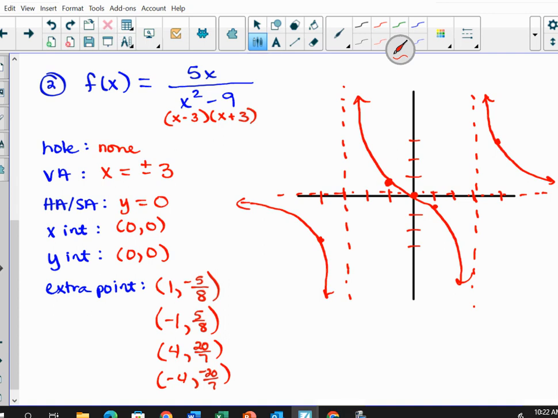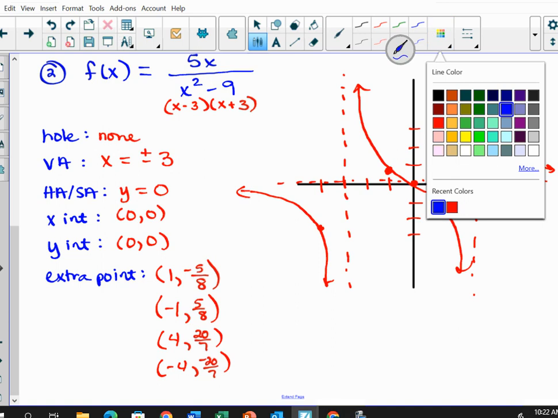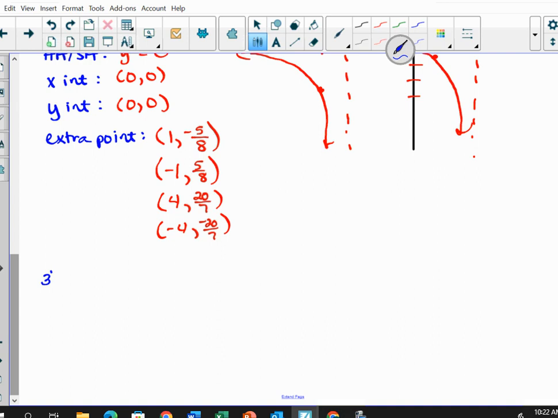All right, we just have one more in our notes here. All right, this time f of x equals x squared minus 1 over x plus 4.